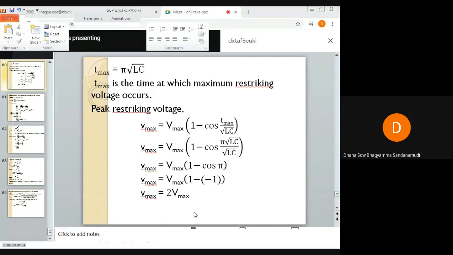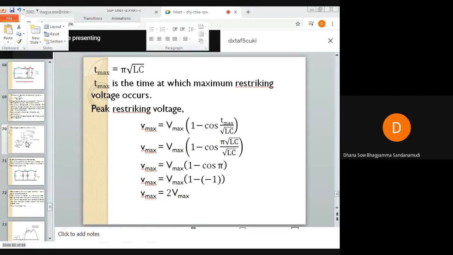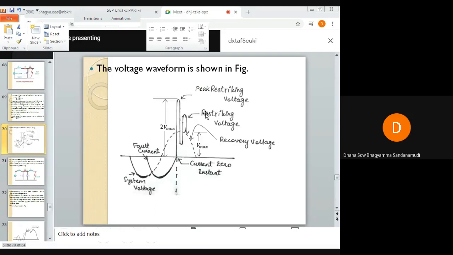Completed? Okay then. So the maximum value of restriking voltage is 2 Vmax. If you remember the waveform, as soon as circuit breaker contacts open and as soon as arc is extinguished, the voltage that appears across the circuit breaker contacts, restriking voltage, is 2 Vmax. It is the maximum value of the restriking voltage.